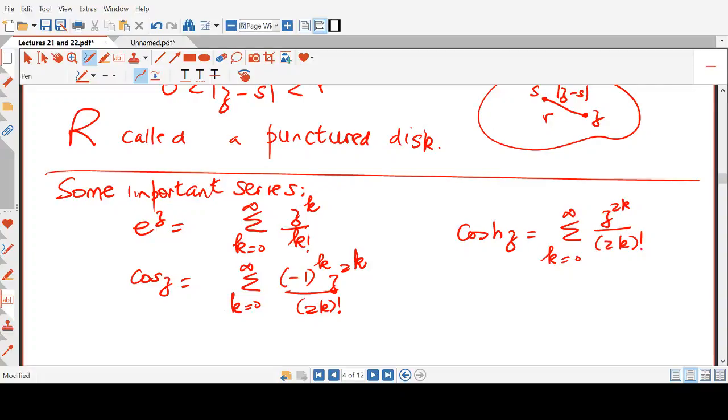So these are some famous ones. Sine can also be written with z to the 2k plus 1 over 2k plus 1 factorial, times minus 1 to the k. Sinh will have the same thing without the alternating sign. And then you can write tan, hyperbolic tan, and so on.